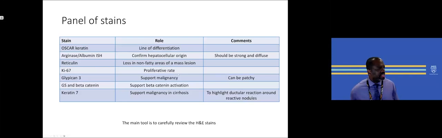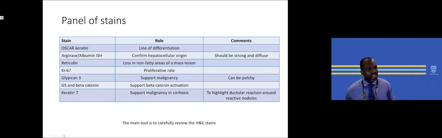I use a Ki-67 to look for the proliferative rate. A low proliferative rate may not be really helpful, but if it is really high, it can be really supportive of a diagnosis of malignancy. And I will often do a Glypican-3 to support a diagnosis of malignancy, and we'll touch on this more later. Glutamine synthetase and beta-catenin can support beta-catenin activation, and in context will be really helpful.